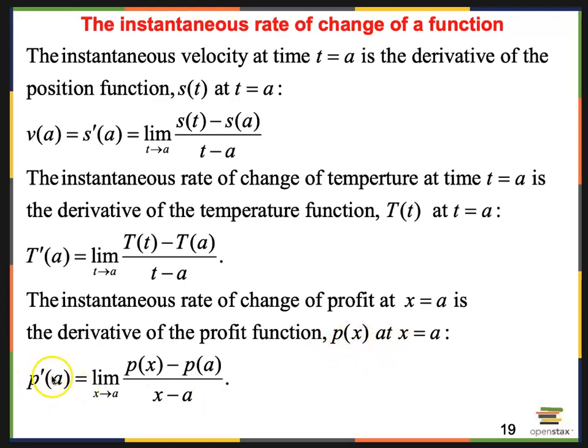And so P prime of a is the derivative of the profit function, which is the limit of the difference quotient. So these are just different ways you might see the difference quotient. They're just variables, so don't be surprised. It may not be f of x. It could be s of t if we're talking about position. It could be T of t if we're talking about temperature function, profit function P of x. So these are all things you may see. So don't be surprised.